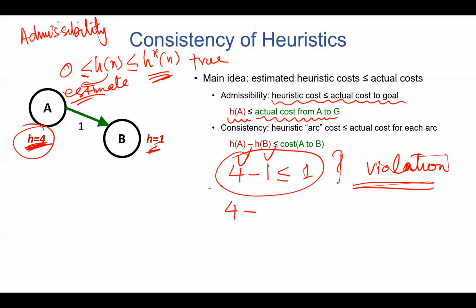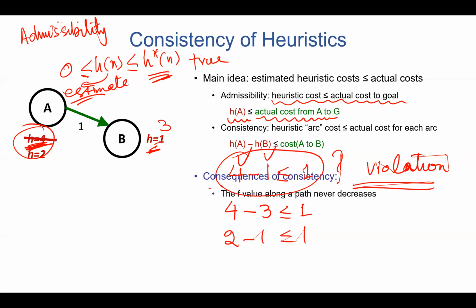It would have been correct if this was 3, or if H of A was 2. So we look at H of n, which is the admissibility, and then we look at the consistency: H of A minus H of B has to be less than or equal to the cost from A to B. So let's just do it with an example. We have 10 minutes, and I promise you it's a pretty interesting example.